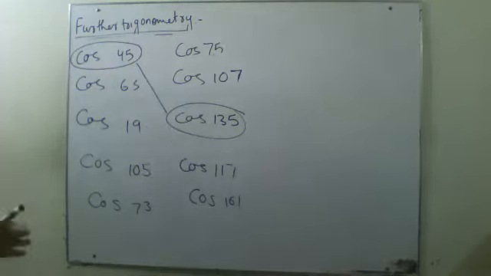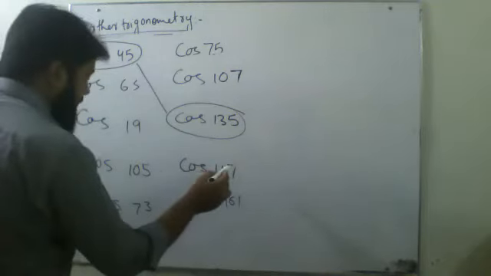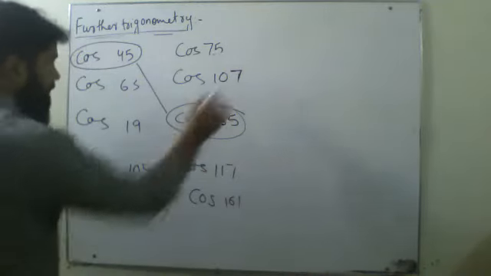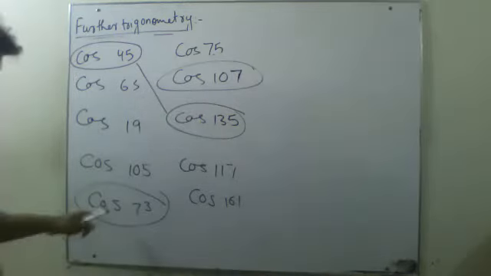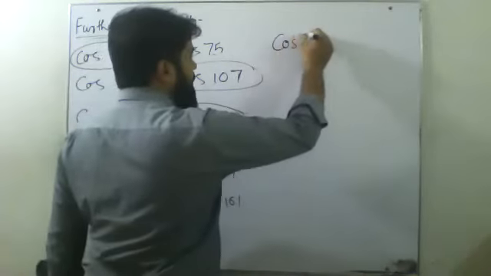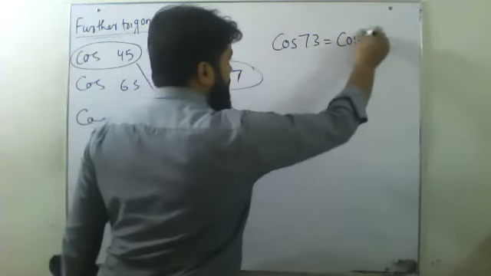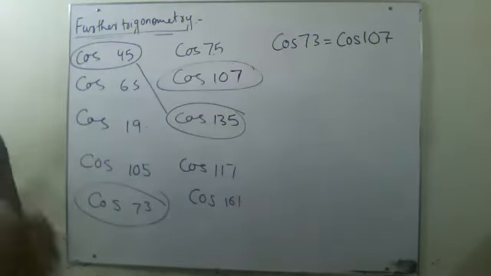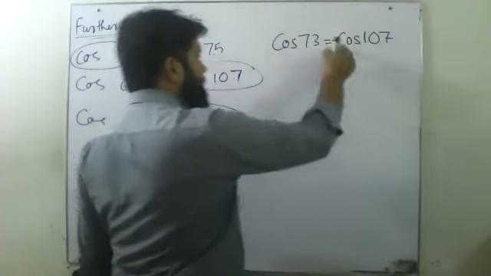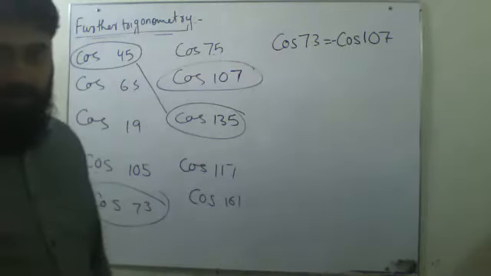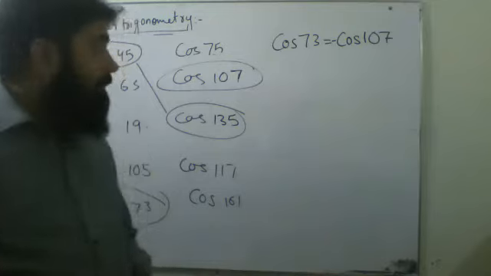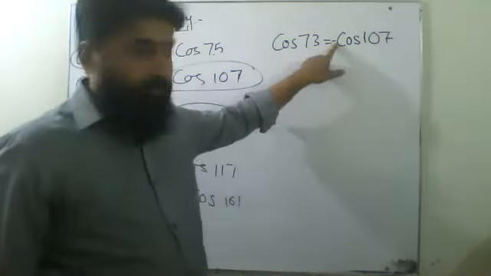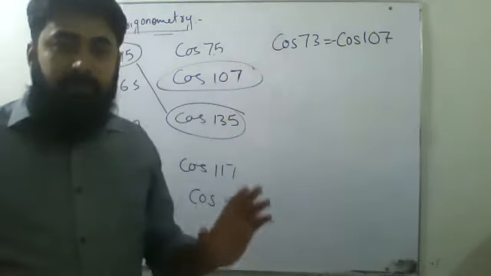Means, for instance, I am taking this one along with this one. So cos 73 is equal to cos 107, but the only problem is this one will be in minus and this one will be in plus. How can I make them same? If I put a minus sign over here or over here, my result will become same.